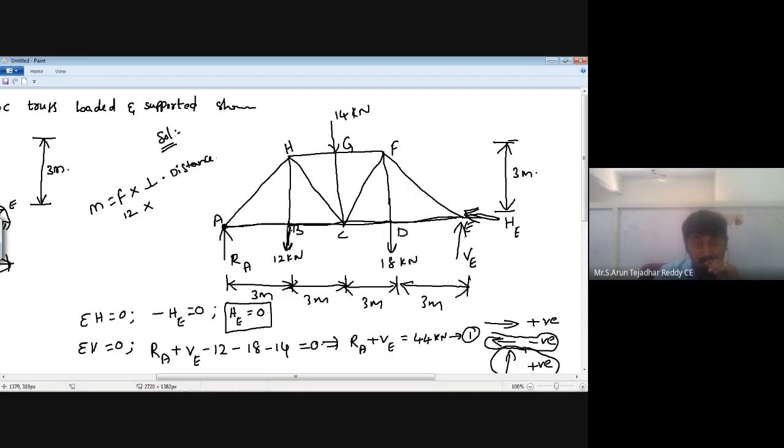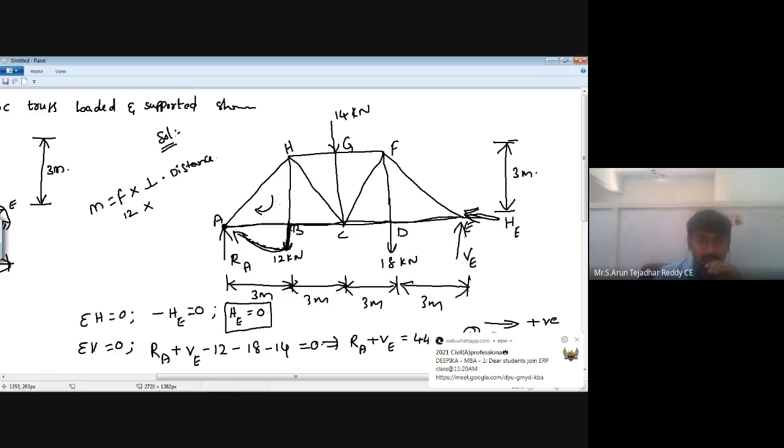Is this 12 kilonewton acting clockwise or anti-clockwise? The force acts from B to A, because our moment is about A, so in this direction, which is positive.